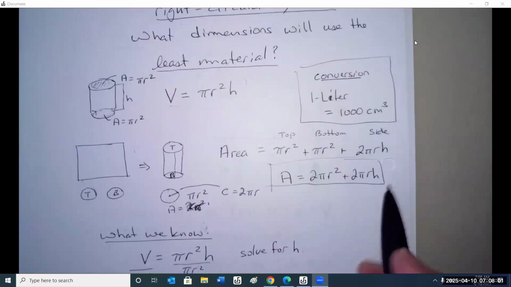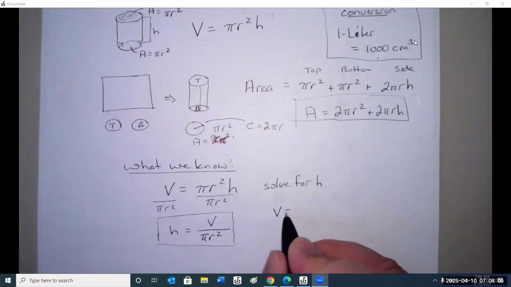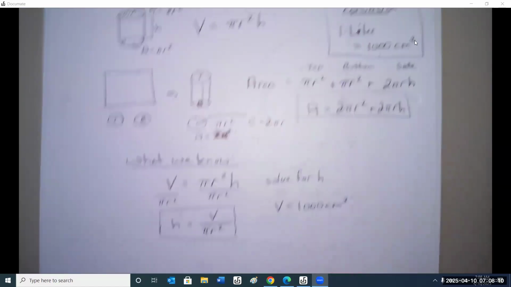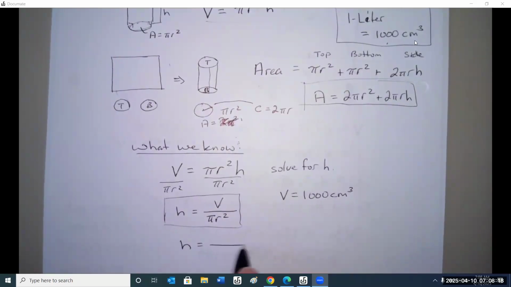Right? So now we know our volume. We know our volume is 1,000 cubic centimeters. So h is 1,000 cubic centimeters over pi r squared.